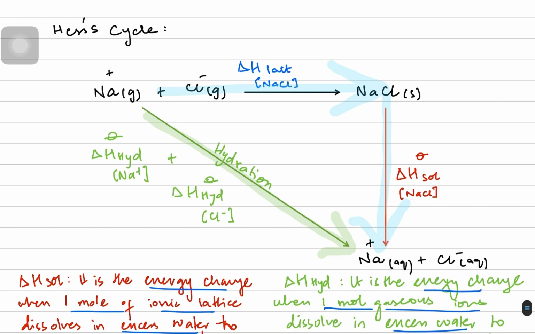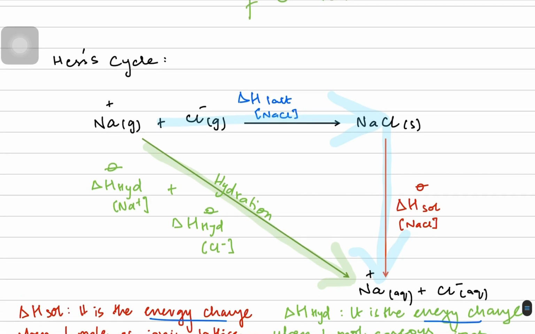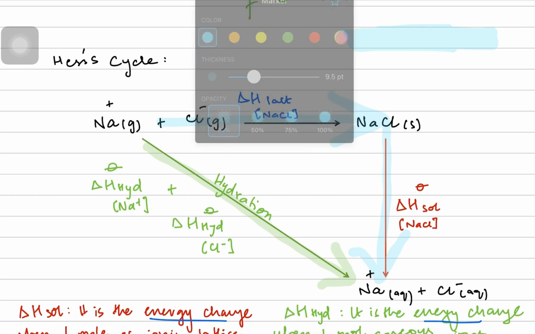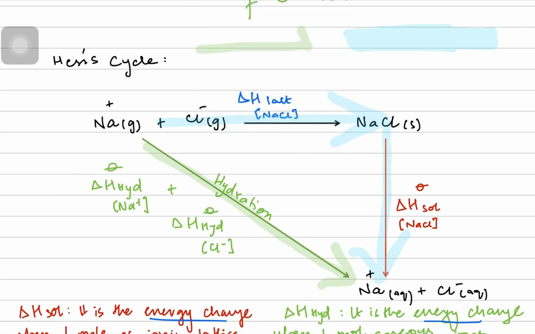In this way, our equation becomes the direct step plus the indirect step. So there's a direct step which was the hydration and there was this indirect step. The indirect steps I'm highlighting with blue and the direct step I'm highlighting with green in the arrows.